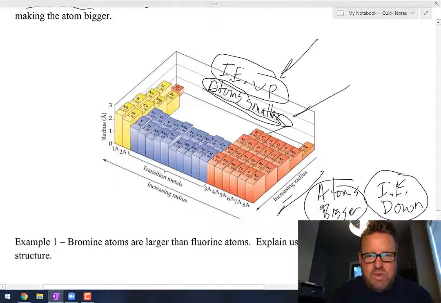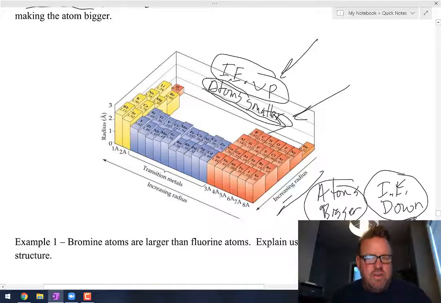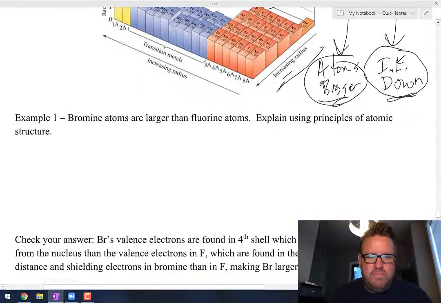Both reasons right there. Why do atoms get bigger and why does the ionization energy go down? Because there are more electron shells that are farther away from the nucleus, which decreases the attraction, which makes the atom get bigger and makes it require less energy to remove an electron.